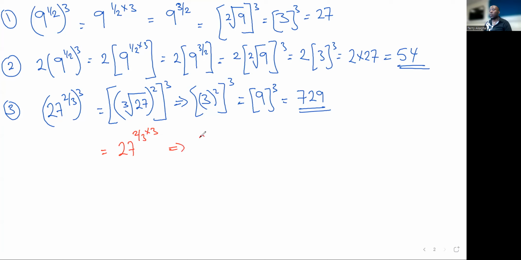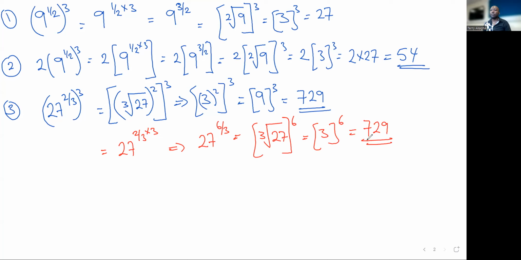And that will give me 27 to the power 6/3, which is the same thing as saying the cube root of 27 all raised to the power 6. And that will give you 3 all raised to the power 6, and that will still give you 729. Is that okay? So you see, regardless of the method you use, you will get exactly the same answer. All right?